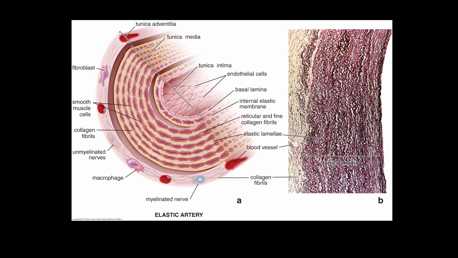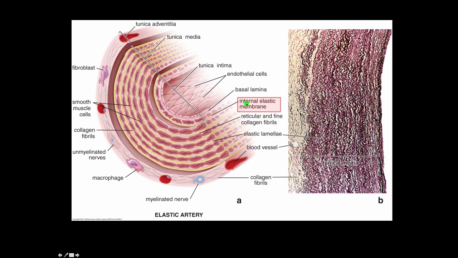The diagram here on the left just shows an elastic artery with a histological view. So you can see the tunica intima arranged like this, the tunica media, and the tunica adventitia. Now, the tunica media is fairly substantial, and it has an internal elastic lamina associated with it.